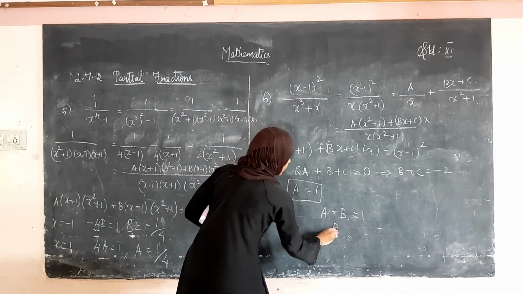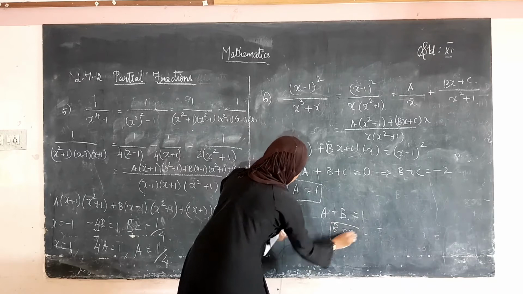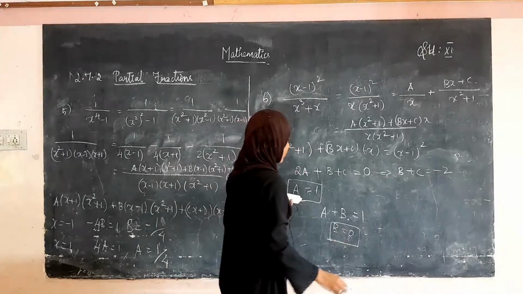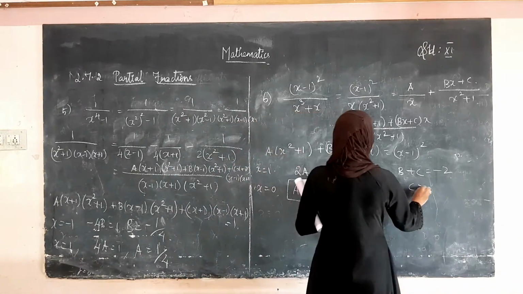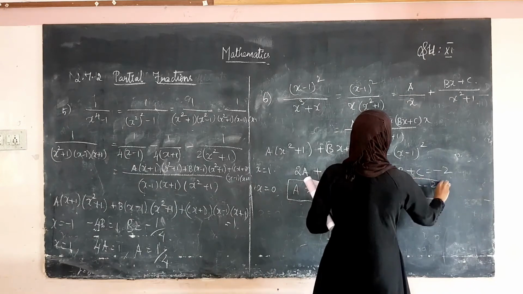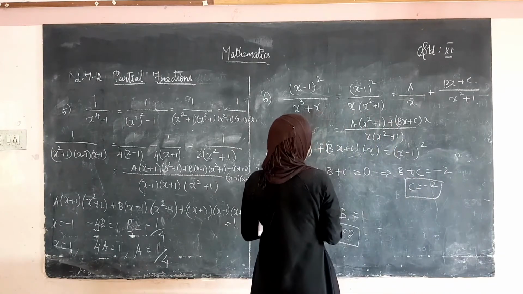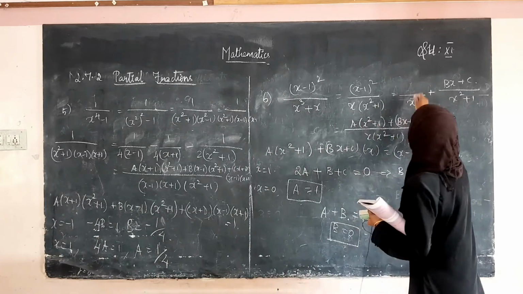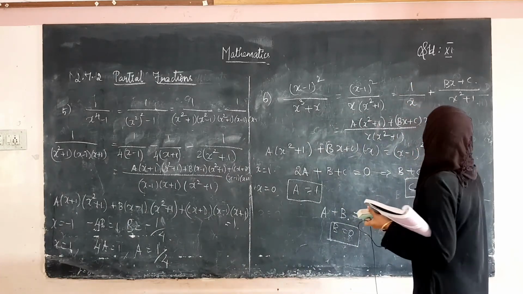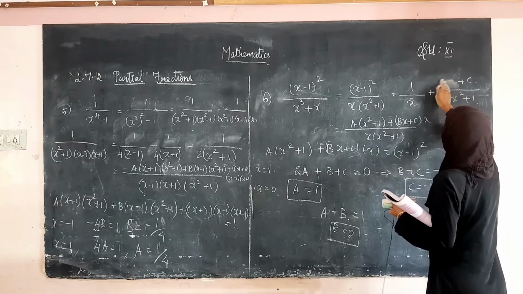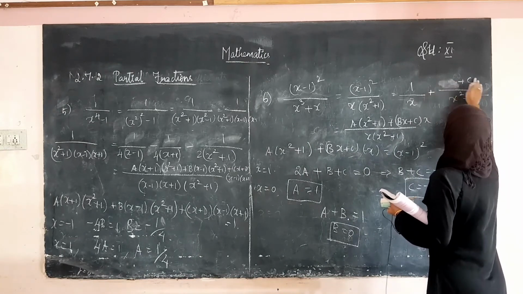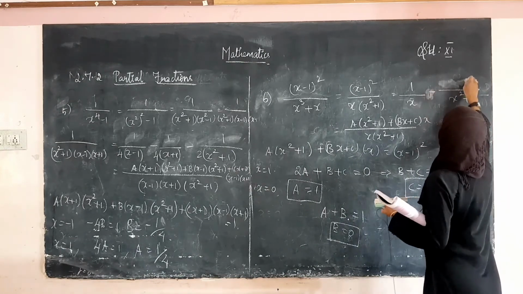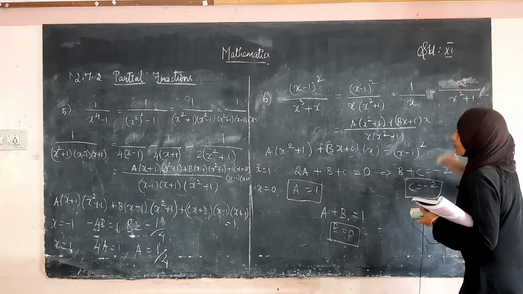So b is equal to 1 minus 1 is 0. So if b is equal to 0, what's the value of c? C is equal to minus 2. You have to substitute here. A is equal to 1, right? So this becomes 1 and b is equal to 0. So this term vanishes, plus c, so minus 2. So this is the answer.